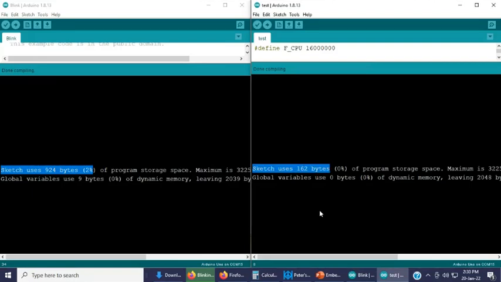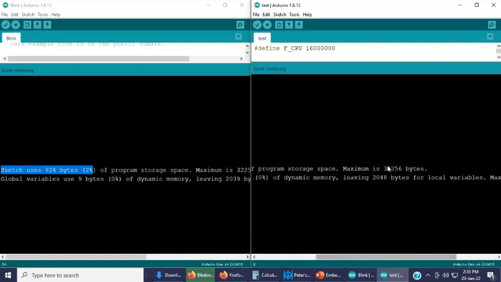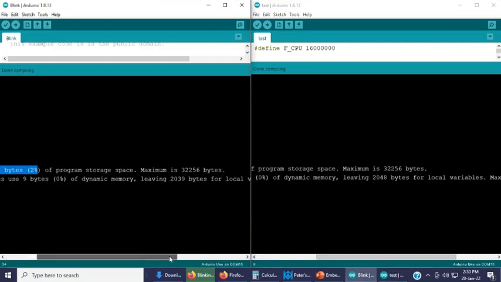What does that mean? Now if you compare these two, see how efficient this particular program is. You have reduced from almost 1 kilobyte to 162 bytes. It is a drastic change in using the space. So you have almost the whole memory with you.